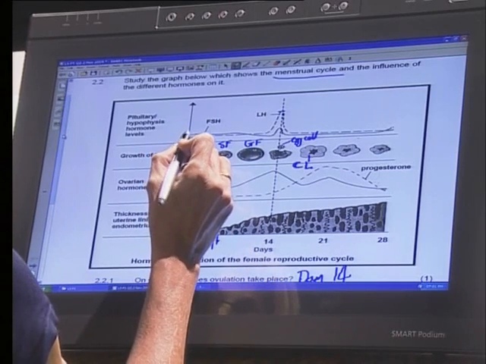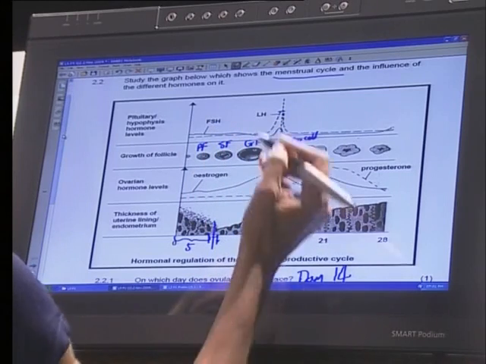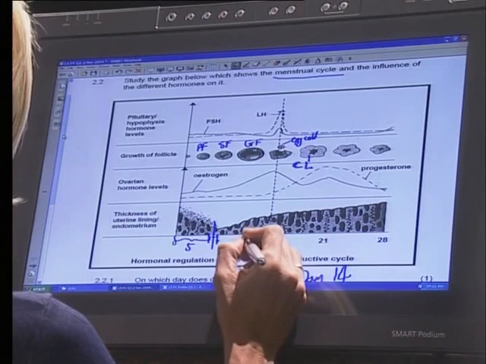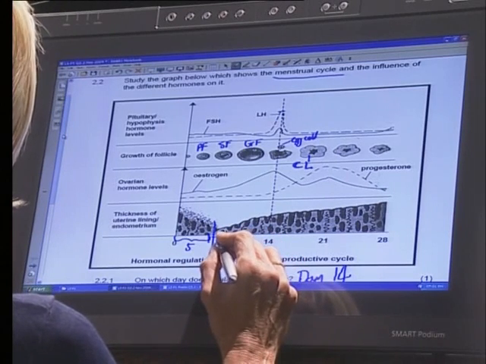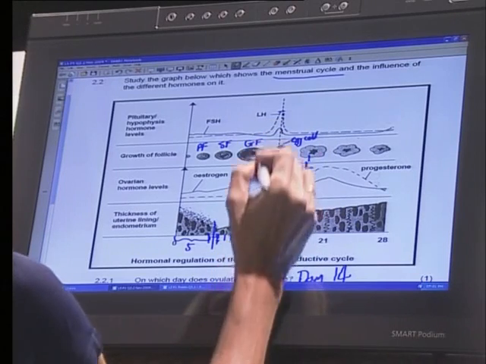We've got a constant amount of luteinizing hormone for the first 14 days. Or in fact, if that's 7, then 8, 9, 10, 11, 12, 13, 14. My lines are a little bit messed, but let's say approximately round about day 12.